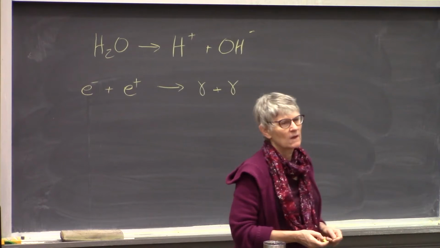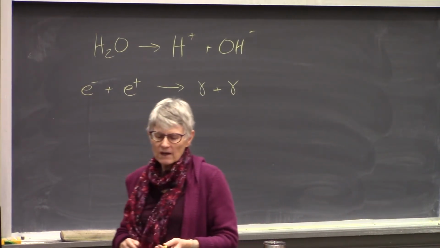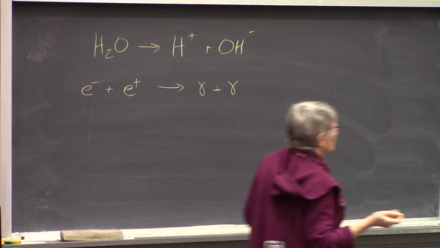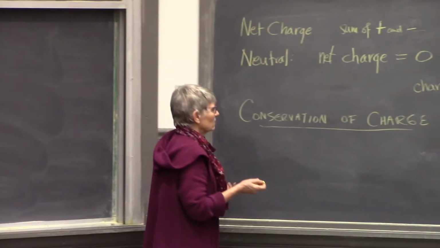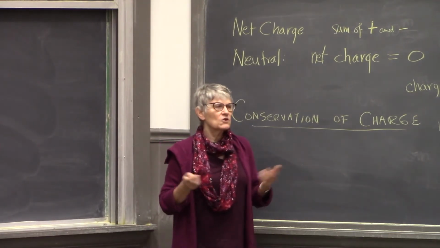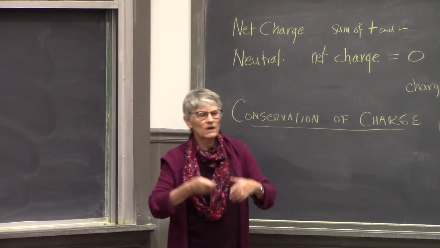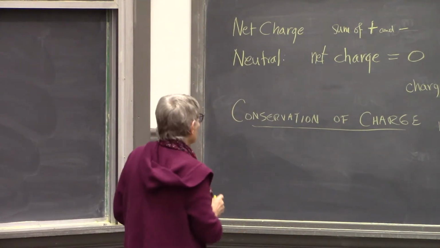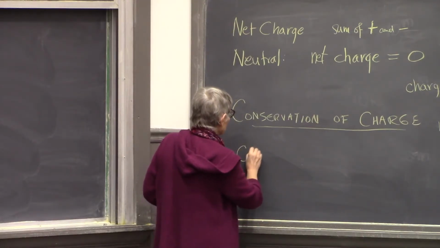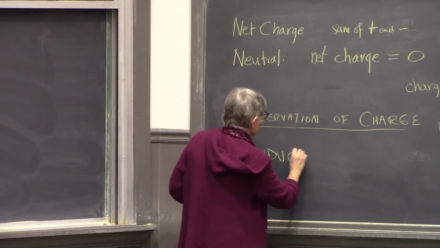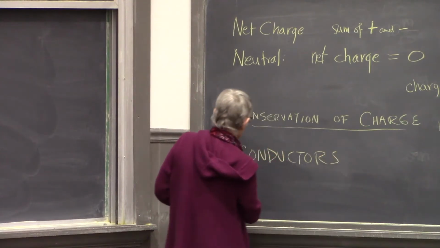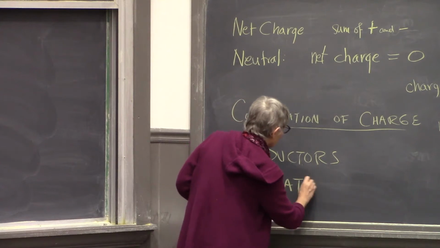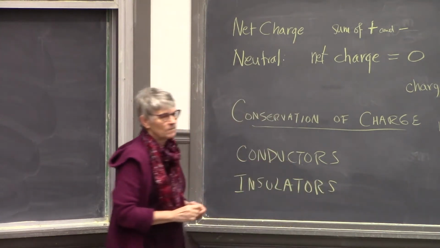Okay. There's also a way of classifying matter into 2 categories of objects, and we're talking about macroscopic matter here, things that are made of lots of atoms. And there are some things we call conductors and other things we call insulators.